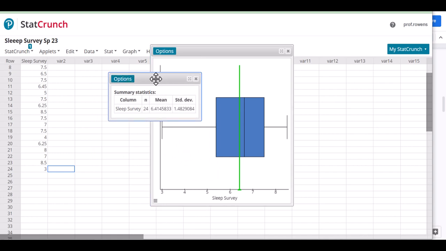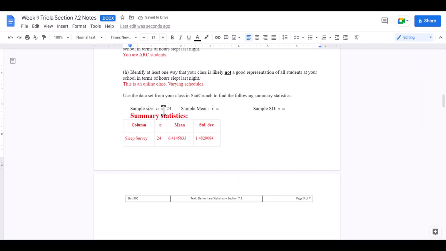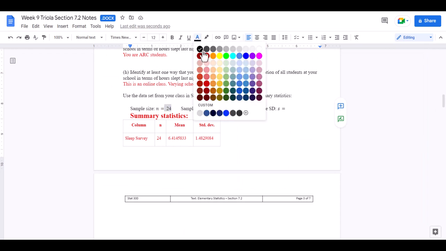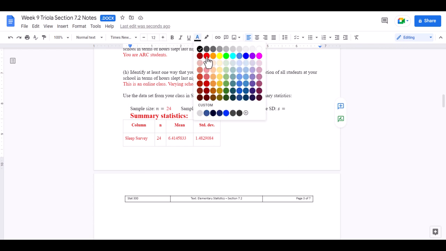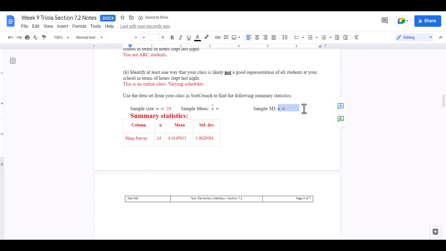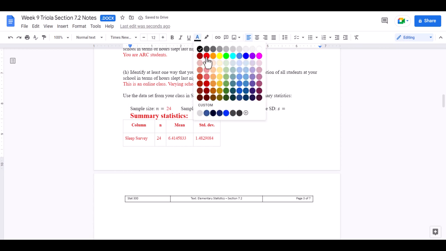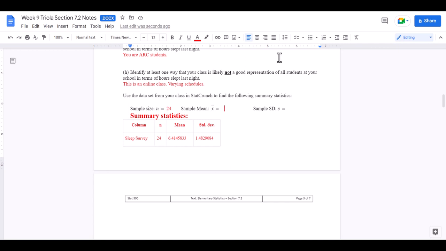So let's copy those and go back to our notes. And we'll get 1.483.